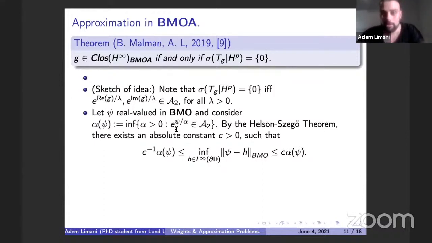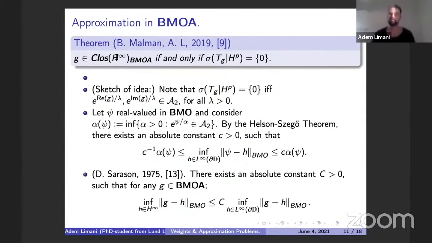But we're interested in the distance to H infinity because we're taking the H infinity closure in BMO. Well, there is a deep result by Sarason, which says that for analytic BMO functions, the distance to H infinity is comparable to the distance to L infinity. And this is some sort of a duality trick. And then combining these, we get the theorem.